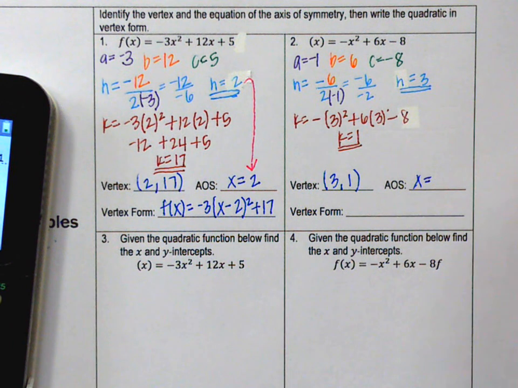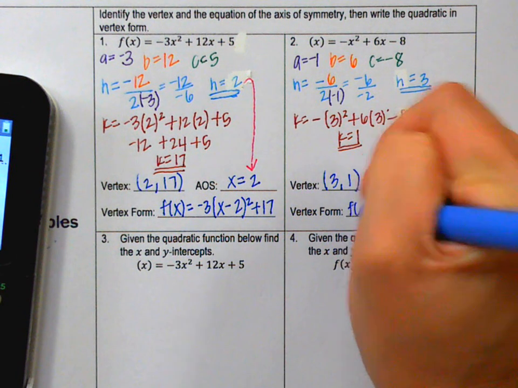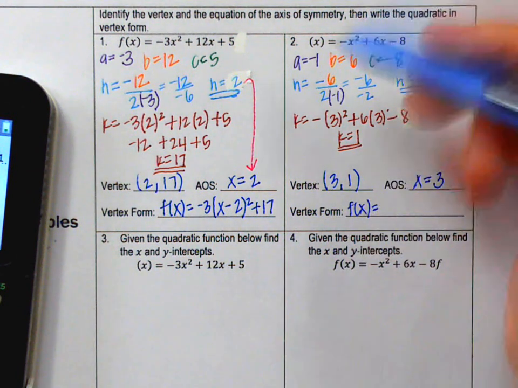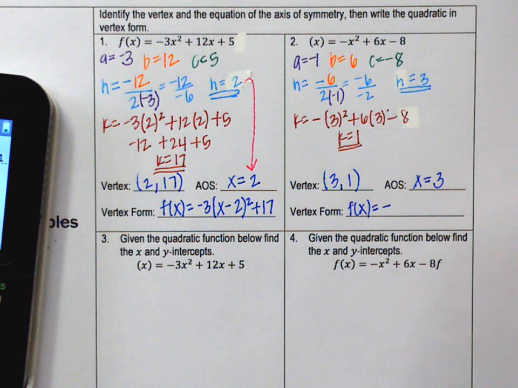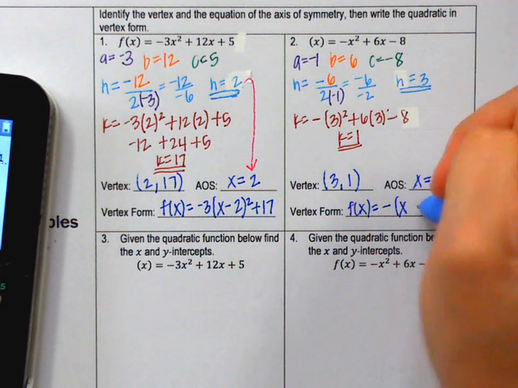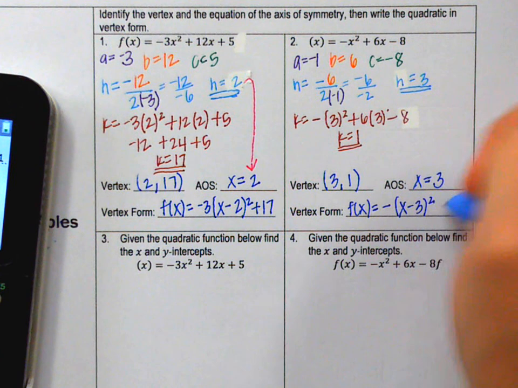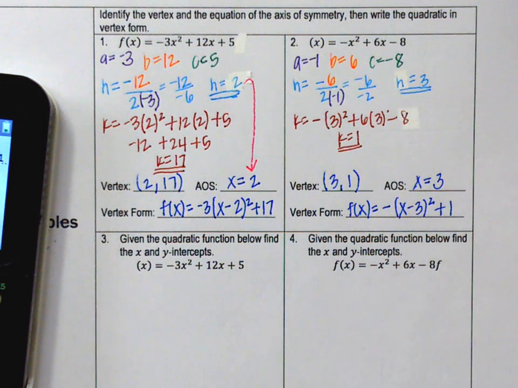Remember, you have to put the X equals. So X equals 3, always one and the same. And then vertex form is going to be negative. If you put a -1, that's totally fine. X minus 3 squared plus 1. And that is your quadratic in vertex form.